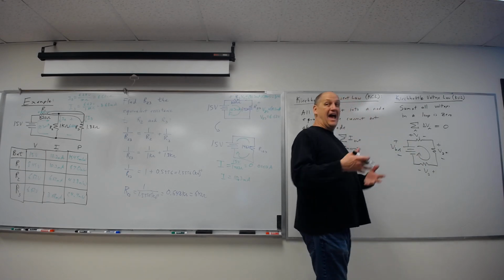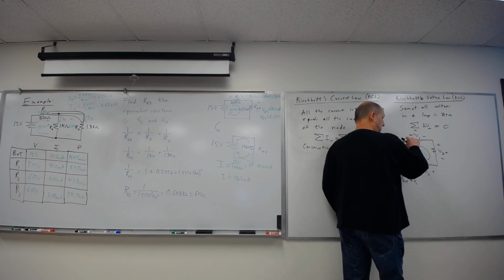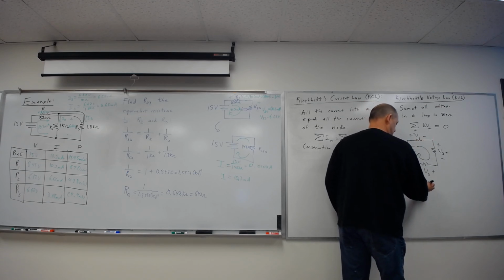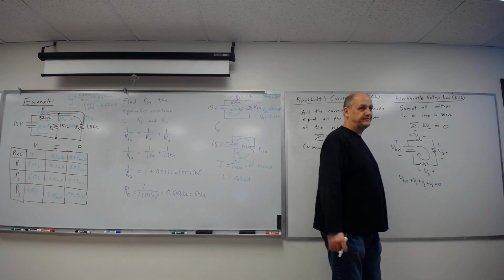So if I were to add all those up, I would have the battery voltage would be a positive number. Voltage 1 would be a negative number because I'm dropping. Voltage 2 would be a negative number, I'm dropping. Voltage 3 is a negative number, so I'll add it to 0.